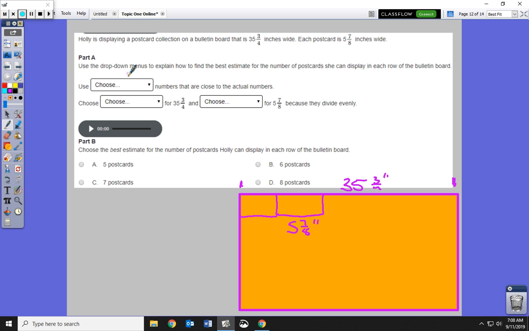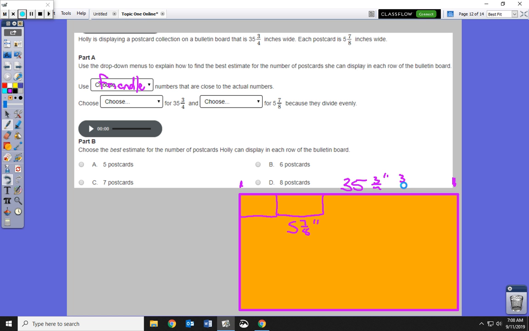Now, it says here use a drop-down menu. I don't have that. So my first thought is to use numbers that are close to the actual numbers. So I use friendly numbers. Keyword is friendly. So for 35 3/4, if I round up, I'm a little worried.